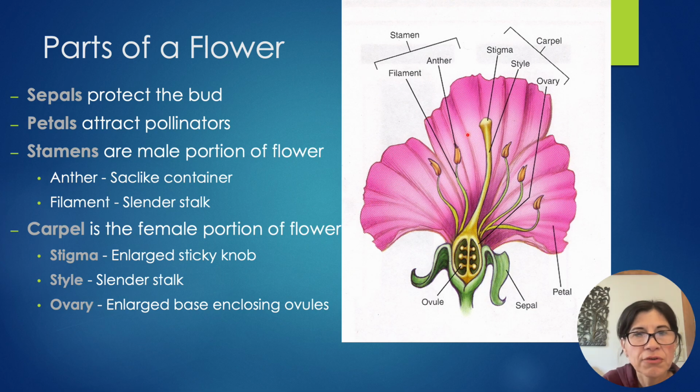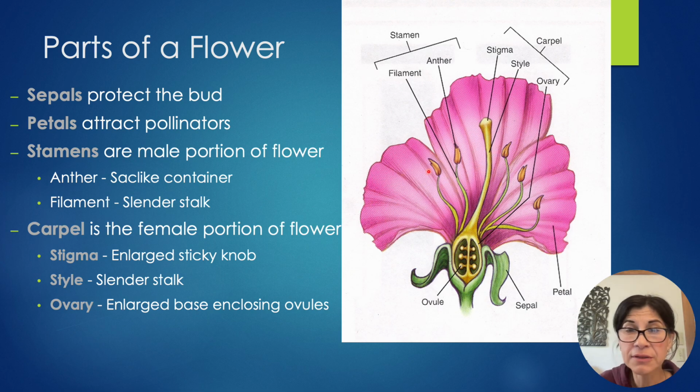Okay, you do need to know these parts of the flower. And so they occur kind of in whorls and circles. So remember, a flower was originally a bud. And sometimes picture like a rosebud that has the green things that are over it. Those are the sepals. So the sepals protect the bud before it opens up. The petals are the showy part of the flower.